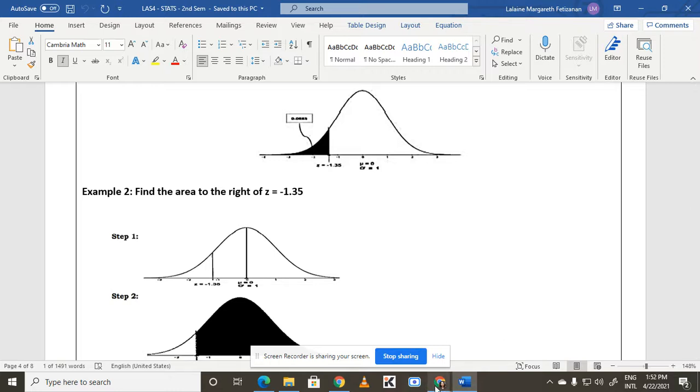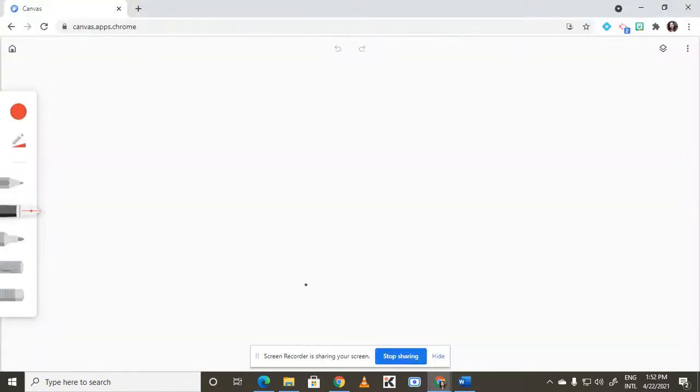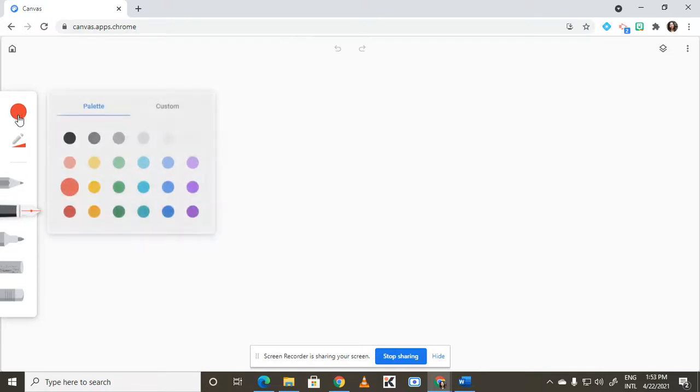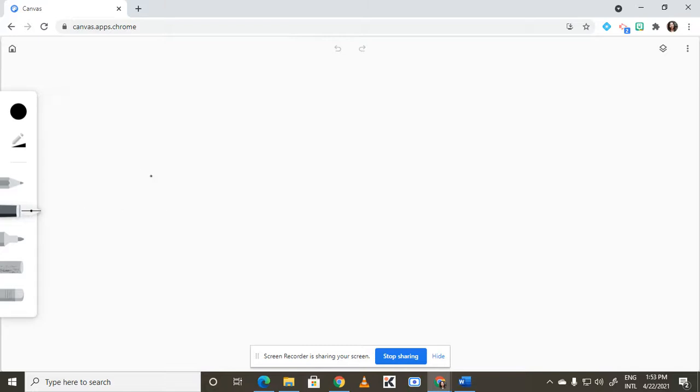Ginamit ko yung same value para makita nyo yung difference. Okay, so the same thing. Draw a normal curve. Mag-drawing lang tayo ng normal curve. Ayan, sana ma-perfect ni ma'am yung curve. Ooh, pwede na? Okay. Draw the baseline. Ayan, pwede na yan.